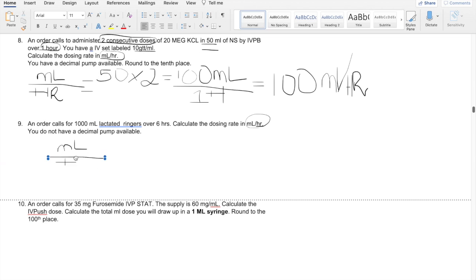Well, all you have to do is look at your problem, and you're going to find that there's a milliliter right there, which is 1,000 milliliters lactated ringers, right? And it's asking you for hours. And your hours are right there. So it's going to be over 6 hours.